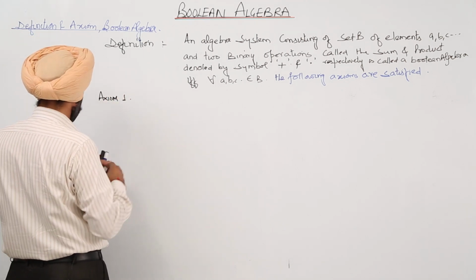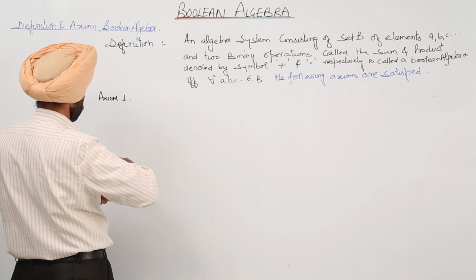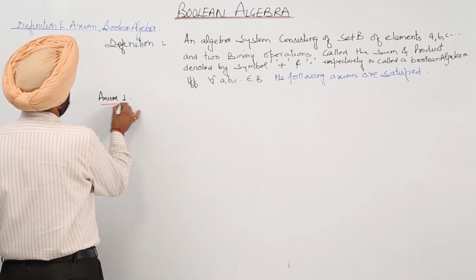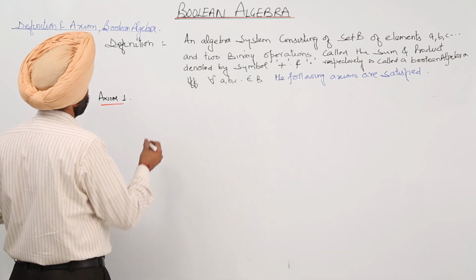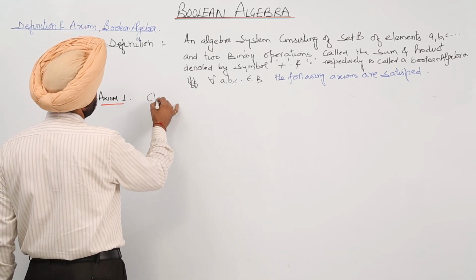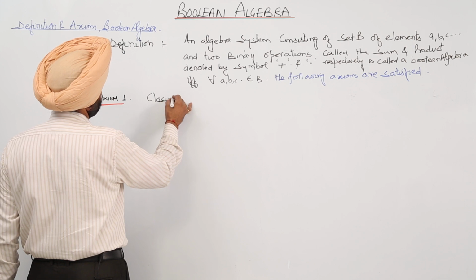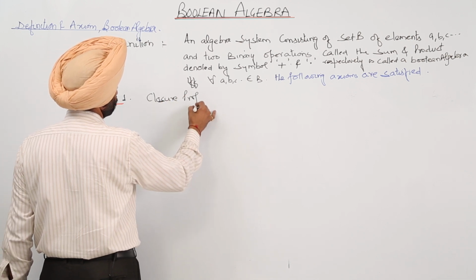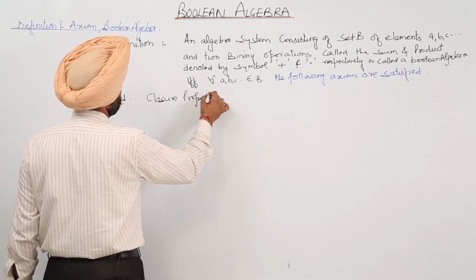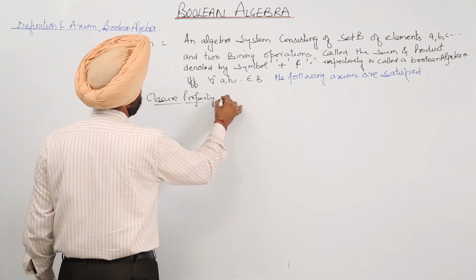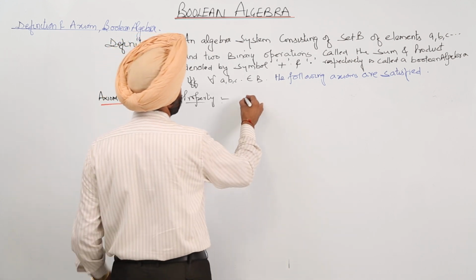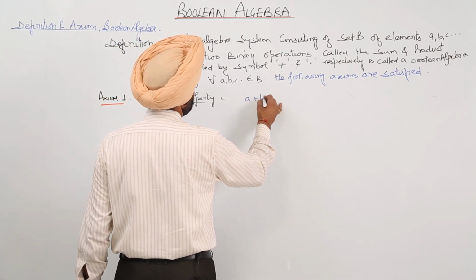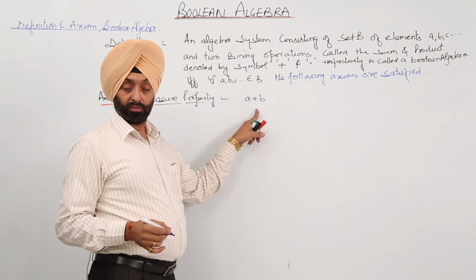Axiom 1. First of all, what this states is called the closure property. Axiom 1 is the closure property. The symbol for the binary operation is plus. Okay.